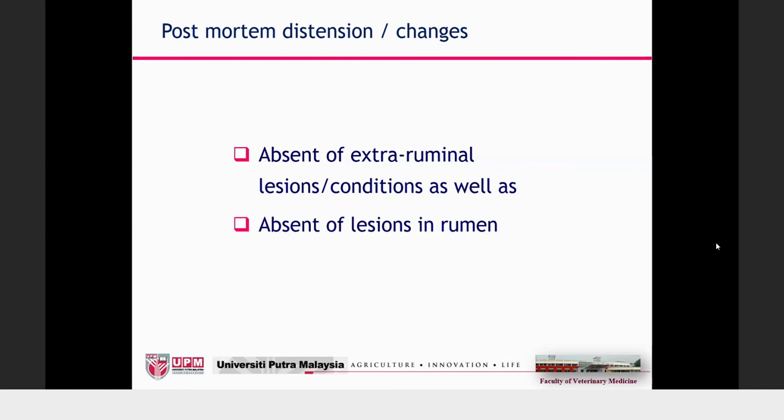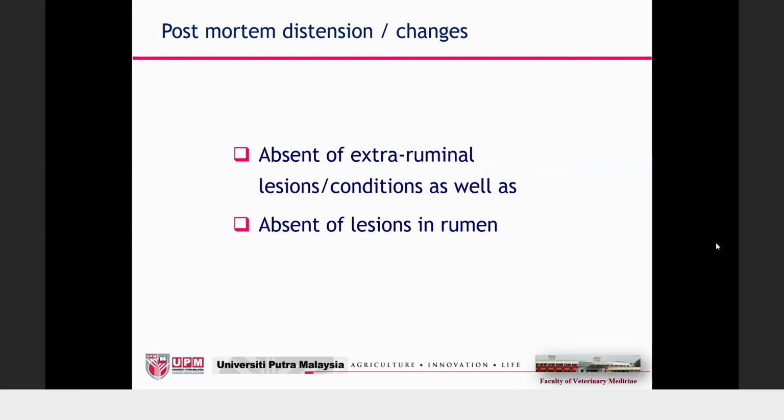So it's agonal change. Similarly, when you talk about postmortem distension compared with tympany, normally in postmortem changes there is no tissue response to injury, and an absence of extra-ruminal lesion conditions as well.